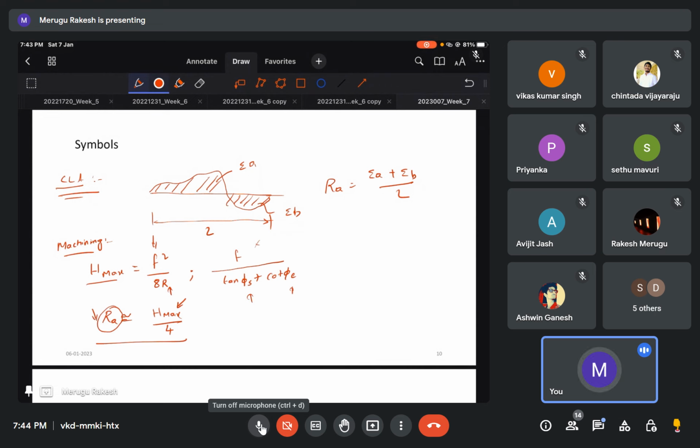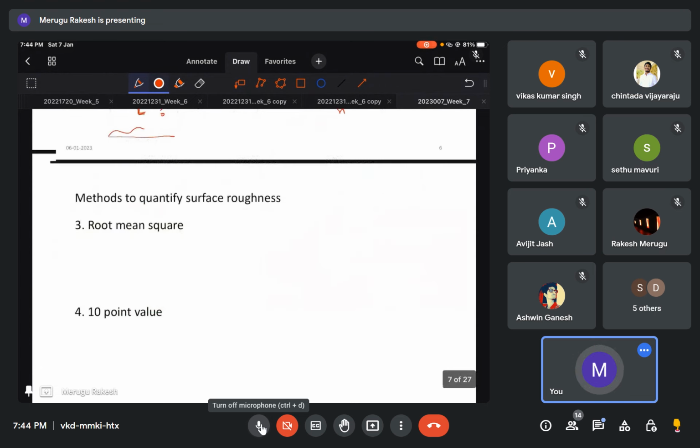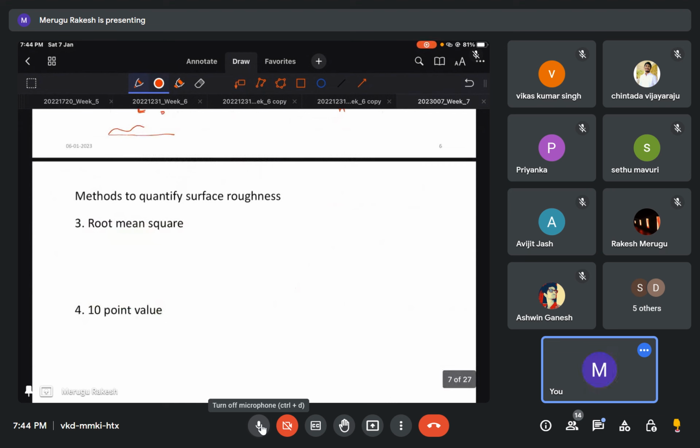Okay, these are some of the formulas for the central line average method. Then let us continue with the other one, that is the root mean square value. This is also nothing but, this signifies it is under the root. So this was the formula for the root mean square value.